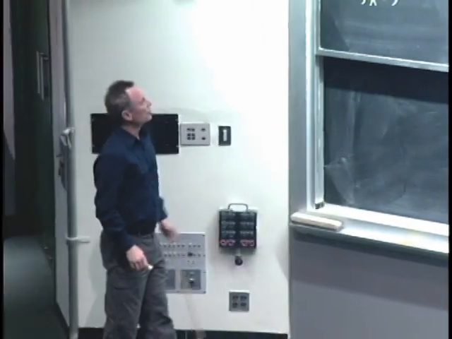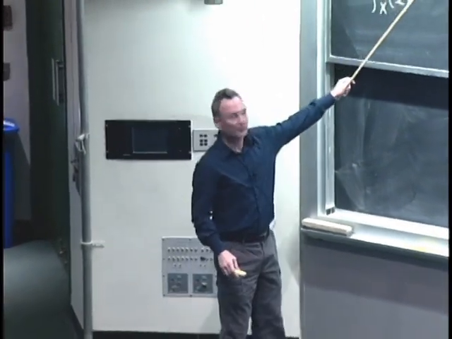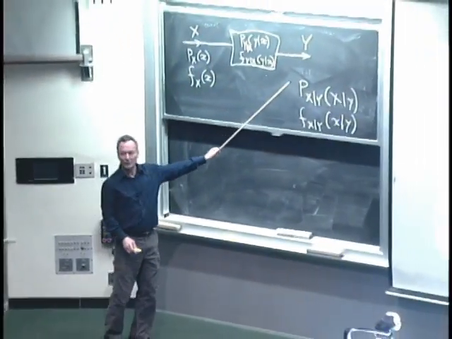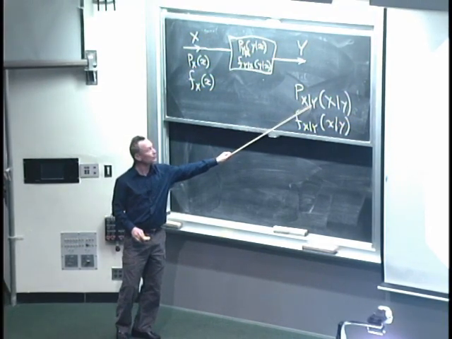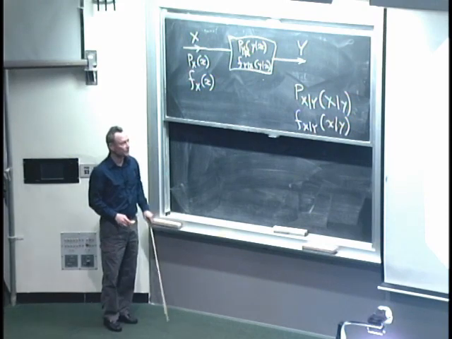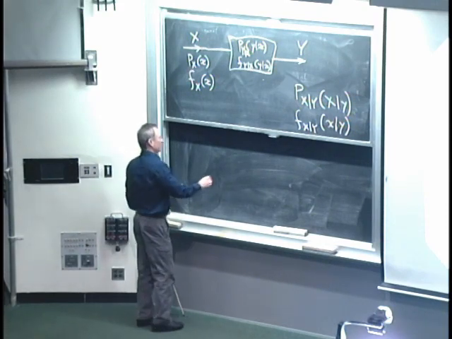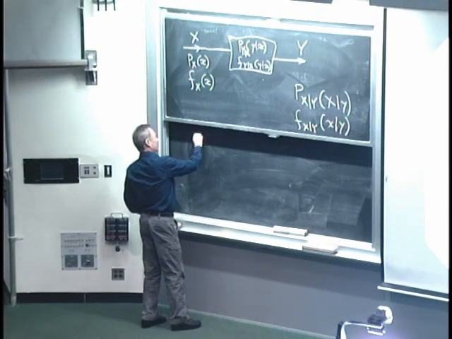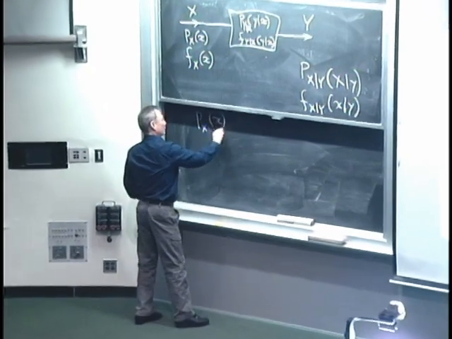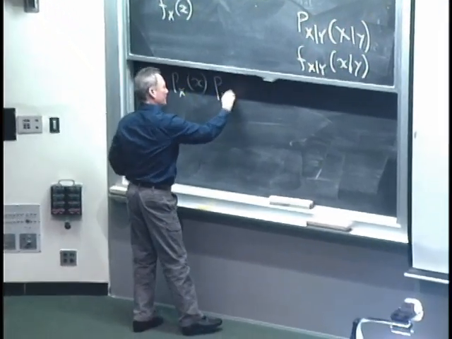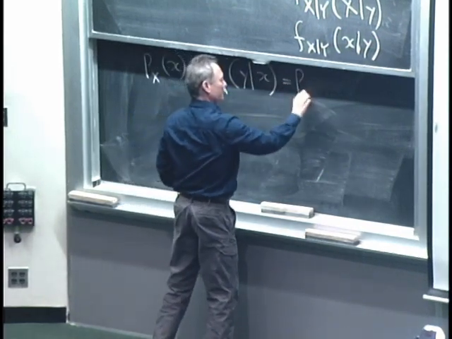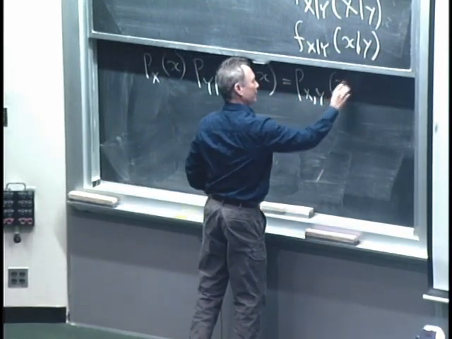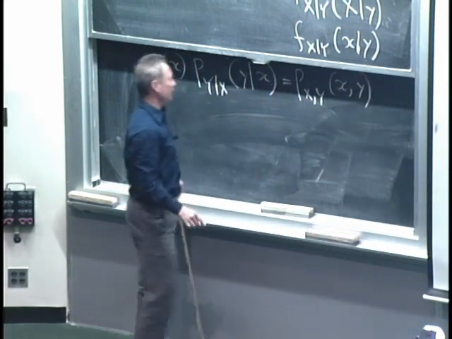Okay, so we're given conditional probabilities of this type, and we want to get conditional distributions of the opposite type, where the order of the conditioning is being reversed. So the starting point is always a formula such as this one, the probability of x happening and then y happening given that x happened. This is the probability that a particular x and y happen simultaneously.